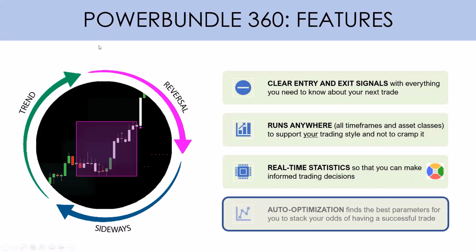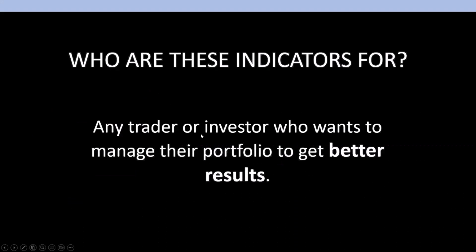All right, so this is the big new feature that we came up with. And if you're wondering, okay, is this something for me? Who should be using these indicators? Well, anyone, whether you're a trader, a day trader, investor, if you're interested in making better trading decisions and getting better trading results, I believe these indicators will help you to get there.